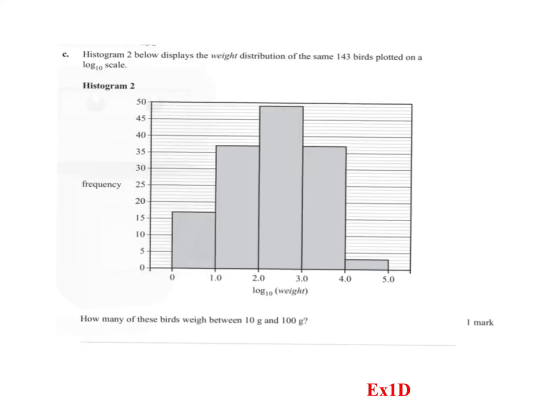Okay, so the second histogram below shows the weight distribution of, see, they've now changed this. See how they've changed that? It was the same 143 birds. How many birds weigh between 10 and 100 grams? So this is an actual number. Now, this is a log scale.